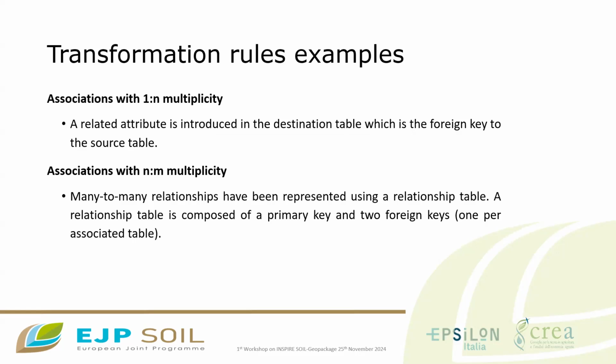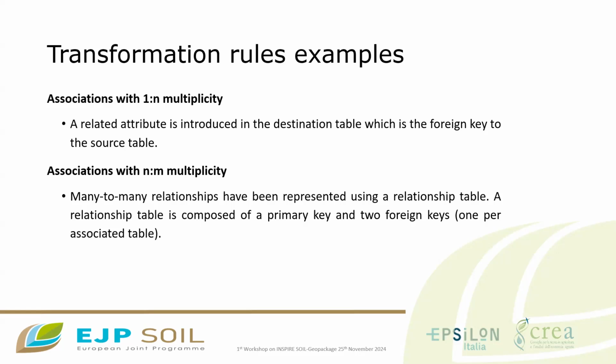And also here, we have seen in the UML model of INSPIRE that associations can apply between objects. So the soil site is linked to many soil plots, for example. In that case, how did we transform the UML model of INSPIRE into the GeoPackage format, so into a database schema?